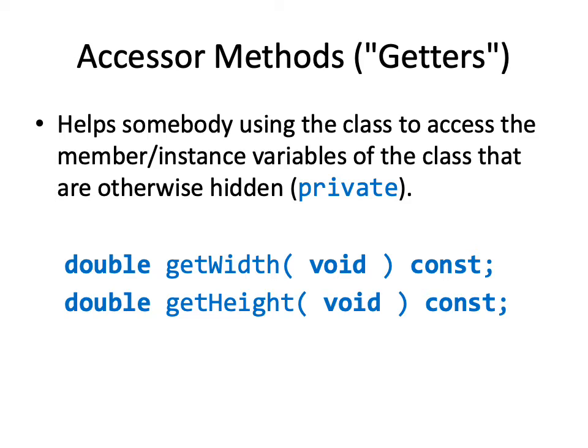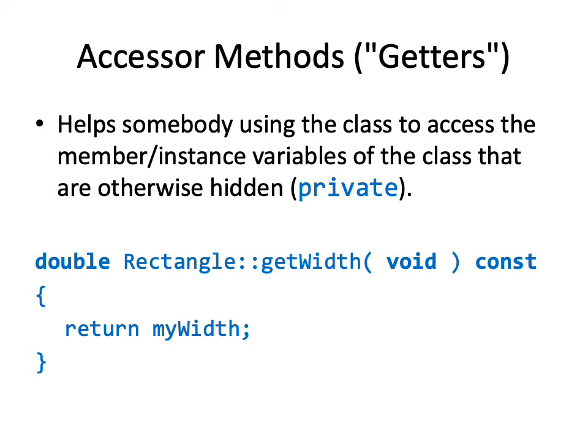The bank account better make sure that by me asking what my balance is, I'm not going to somehow change the balance of my bank account. If that were the case, I wouldn't be banking with them because that's silly. But the point is, by asking a rectangle what its height or its width is, I shouldn't be changing the height and width of the variable. So putting the const here makes sure that that can't happen. And if it does happen accidentally, then it will generate a compiler error.